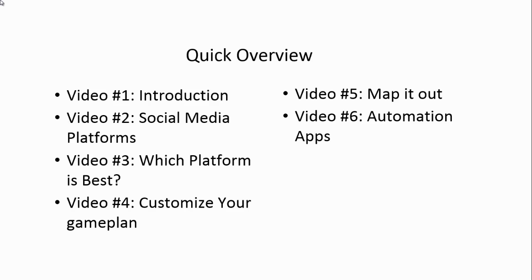Instead of manually going from Facebook, copy and paste, log into Instagram, copy and paste, go into WordPress, copy and paste, you set everything up once and everything after that point will be automated.